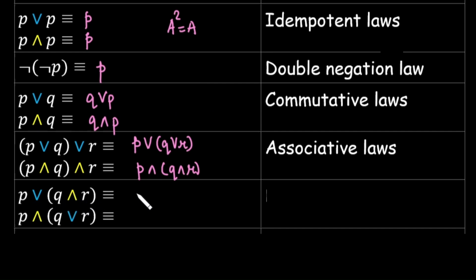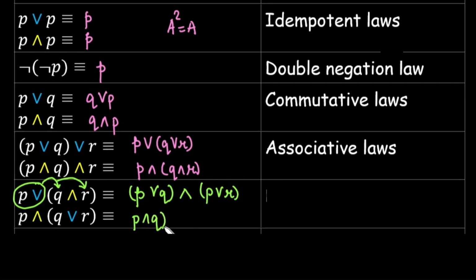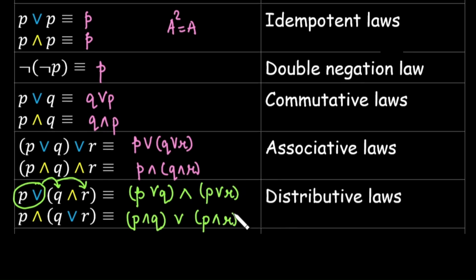Now the next is P or Q and R. This can be written as P or Q and P or R. So we can distribute P OR over Q and over R. So we can write P or Q, then this operator AND, P or R. Similarly, we can write in this case P and Q or P and R. This is called the distributive laws.